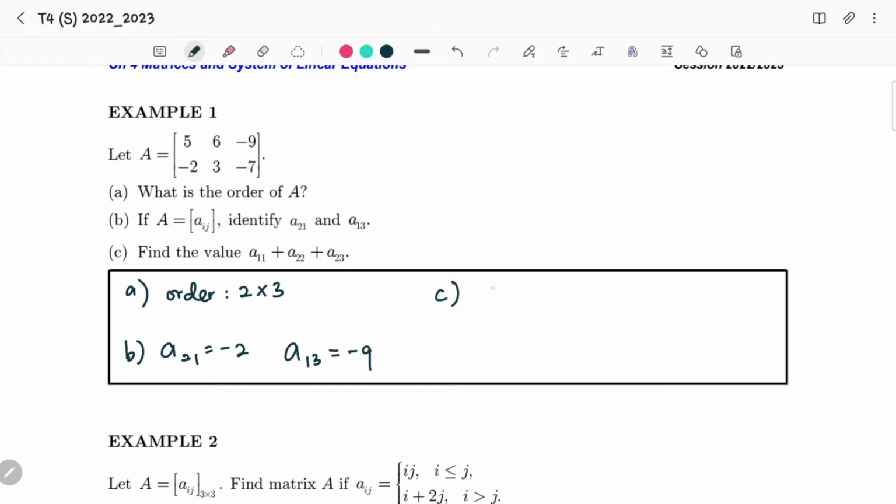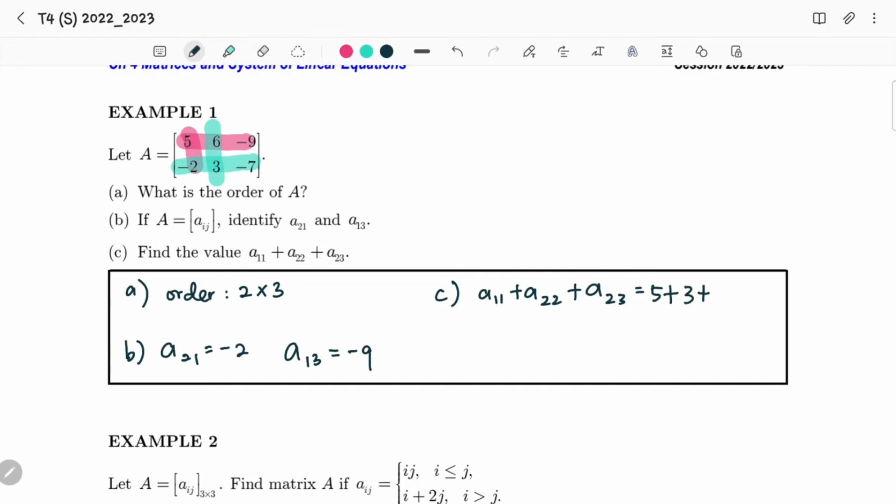For question C, you have to find the value of a11 plus a22 plus a23. So identify which entries are involved. a11, first row and first column, you have 5, plus a22, second row and second column, you have 3.